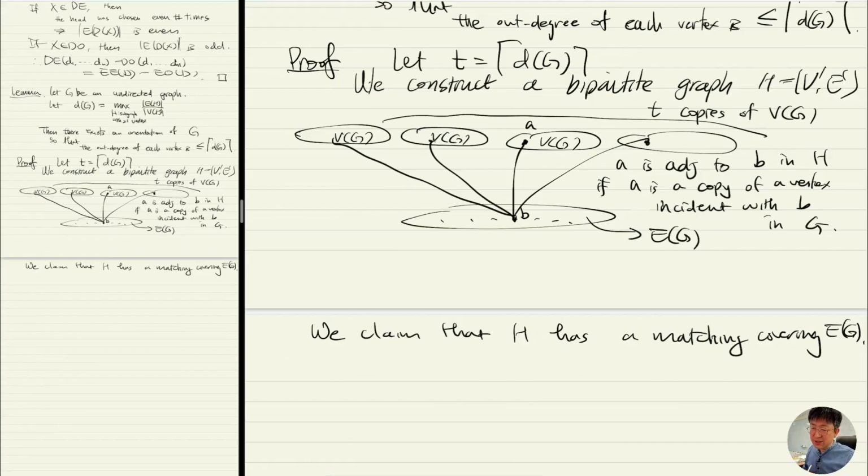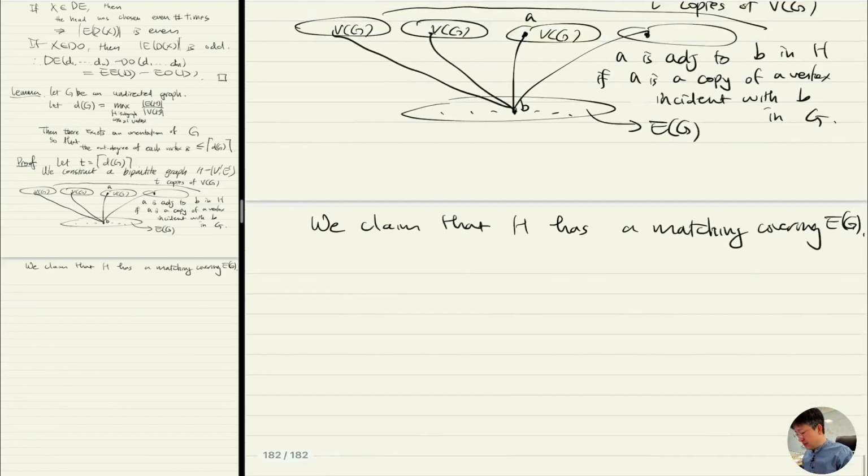Choosing an orientation in a graph is like, for every edge, you choose either this vertex or that vertex, one of the two ends, to become the tail, for instance. So we're going to choose a matching covering E(G), and if we do have such a matching, then that's a choice of edge tail.